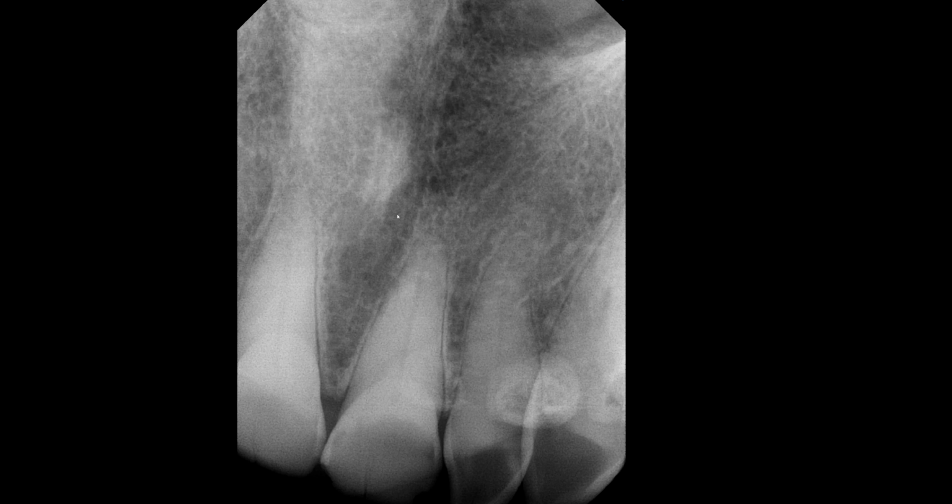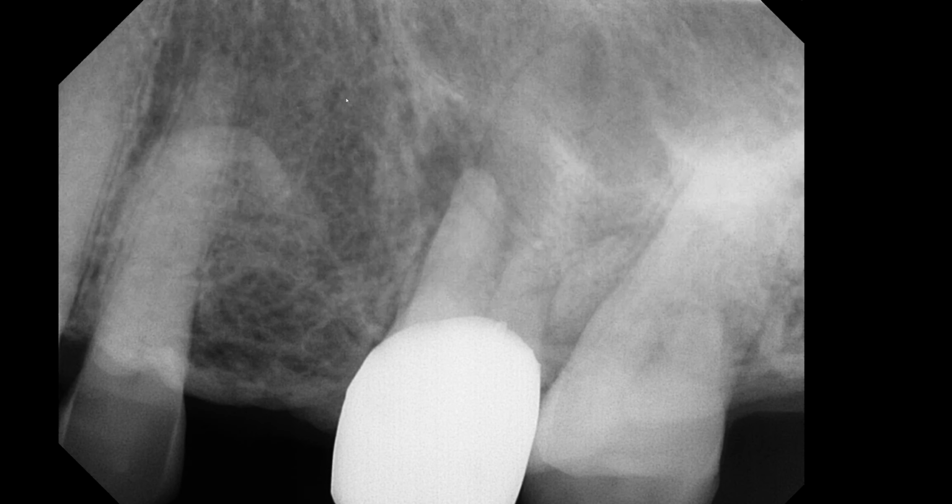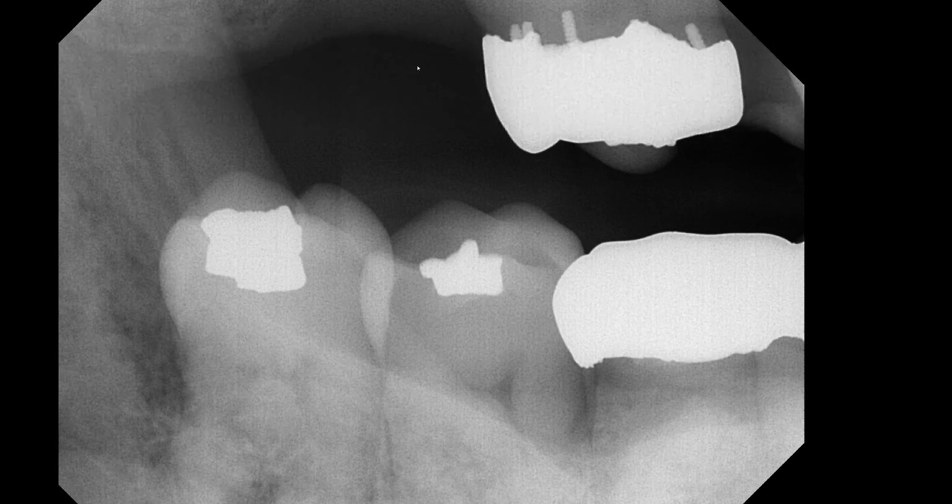Here's the intermaxillary suture, and again the nasal aperture. This is where I would expect the floor of the maxillary sinuses. I think it's hard to tell because there's a lot of superimposition, but at least here we can see the border of the maxillary sinus.